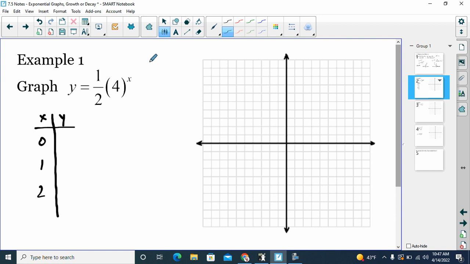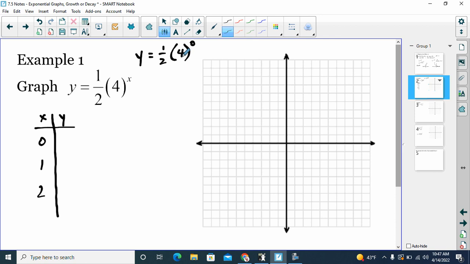So if I plug 0 in for my x, my equation would say y equals 1/2 times 4 to the 0 power. Order of operations, remember, parentheses first. I've just got a 4. And then we do exponents. So the next thing I do is 4 to the 0 power.